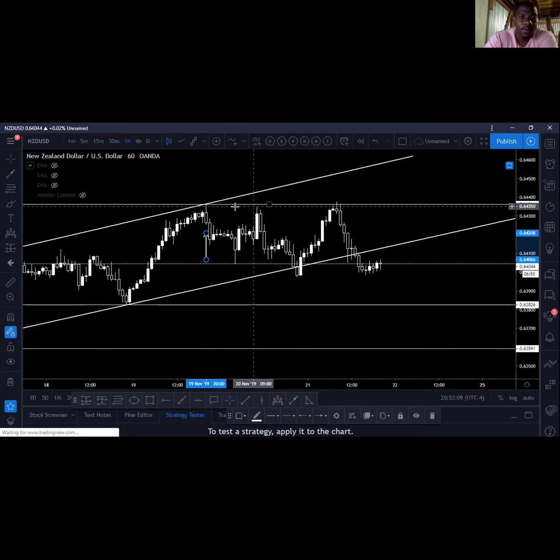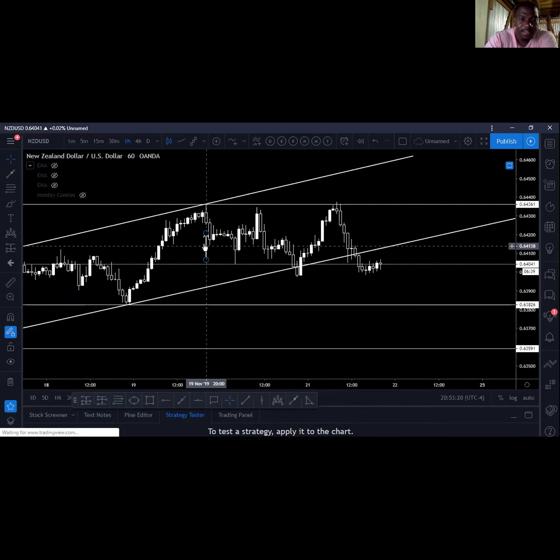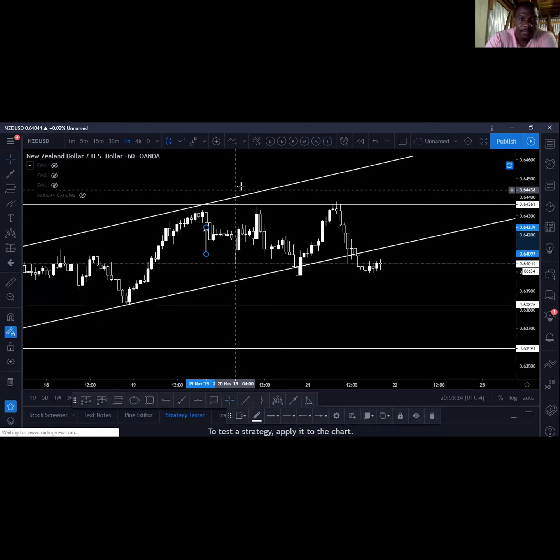Marcia said a candle that is 2 to 3 times bigger than the candle to your left. I don't know how good my averaging skills are, but I would say this black candle right here looks like it's 2 times bigger than the candle to its left.